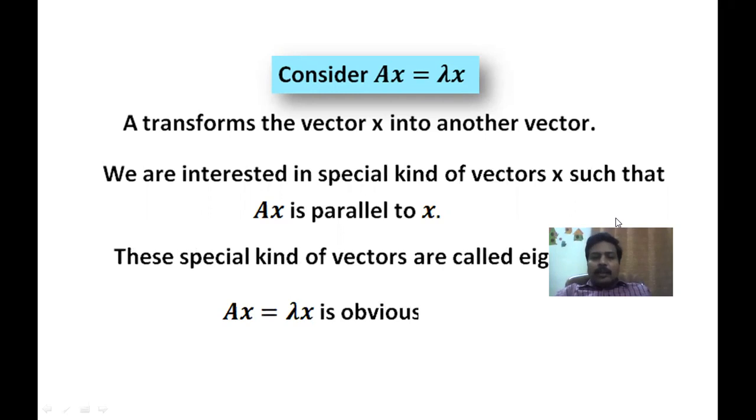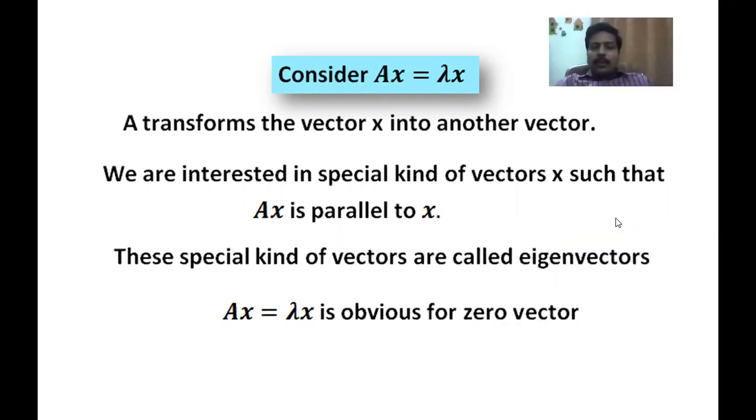Ax equals lambda x is obvious for the zero vector. For the zero vector, Ax is the zero vector and lambda x is also the zero vector. So if x is the zero vector, this equation is obvious.